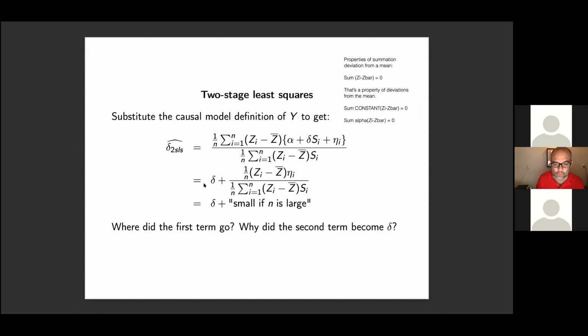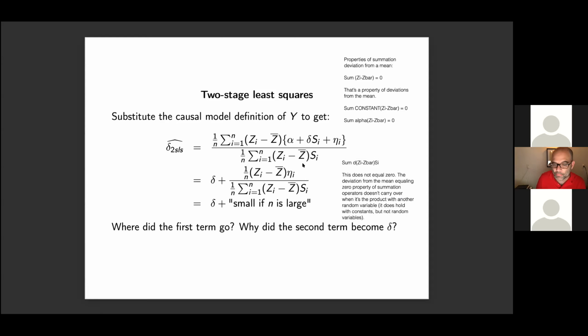Now I'm going to apply Z_i minus Z bar to delta S. So this is going to be the sum of delta times Z_i minus Z bar times S_i. This does not equal 0. The property of deviations from the mean equaling 0 doesn't carry over when it's the product with another random variable. It holds with constants, but not random variables.